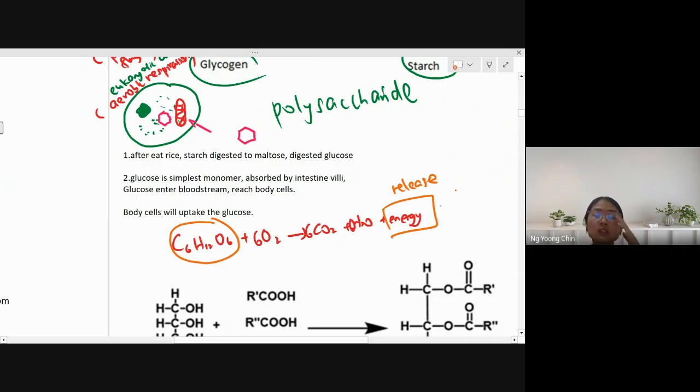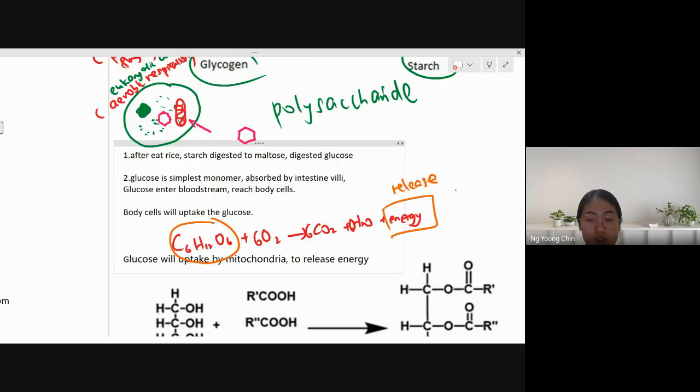To release energy. The reason they need to release energy is that our cells always require energy input. So the glucose will be taken up by mitochondria and broken down to release energy.